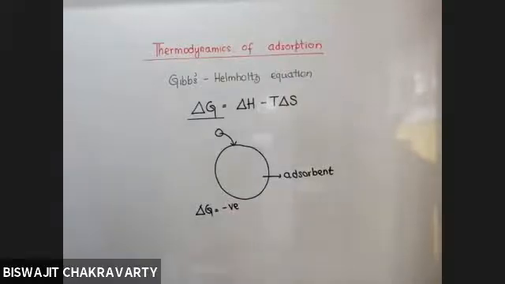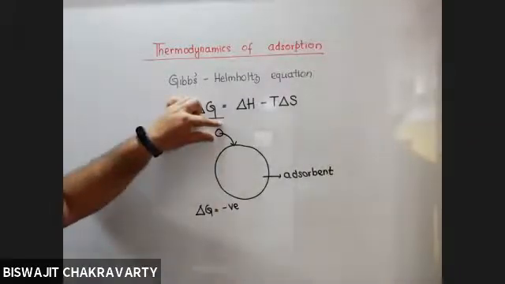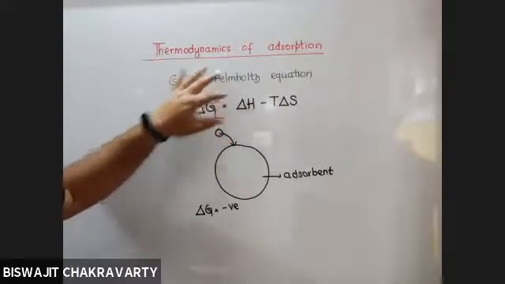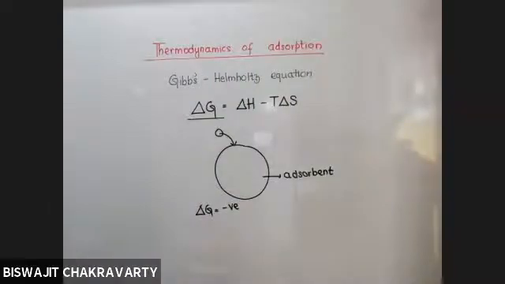Decreasing. Why do you say it is decreasing? Because before adsorption it was more random, it was disordered. Yes. Now suppose the teacher has not come to the classroom, so you people are roaming here and there. The moment the teacher enters the class, you get into the classroom and occupy your specific positions.